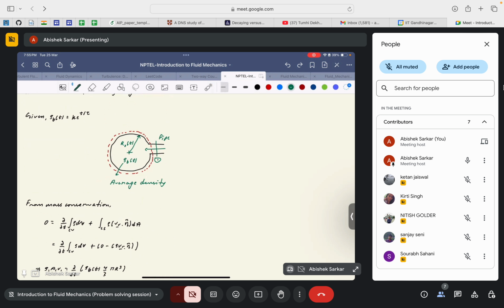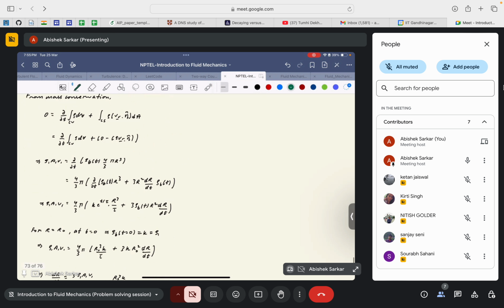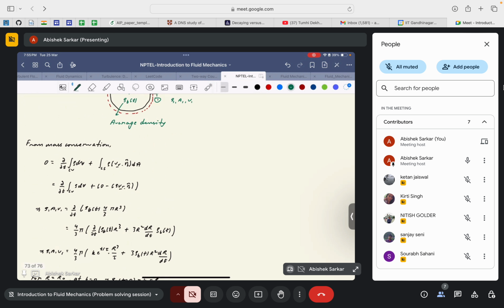It would be rho 1 A1 and V1. Okay, then this would be equal to dou by dou t of rho b(t) times 4 by 3 pi r cube.